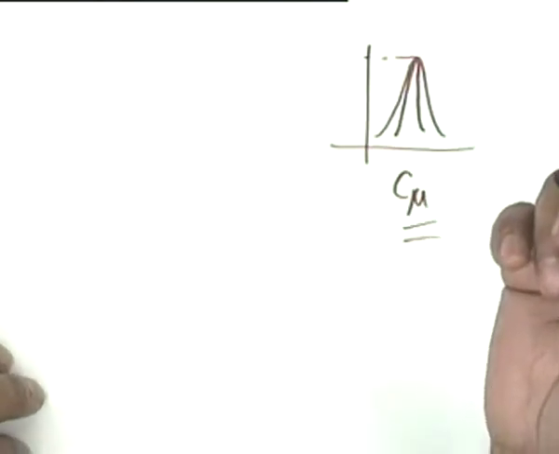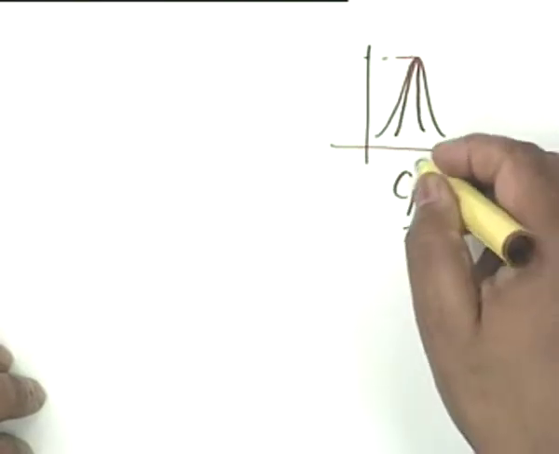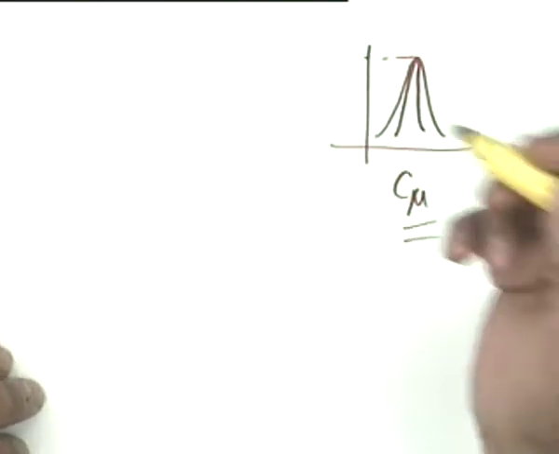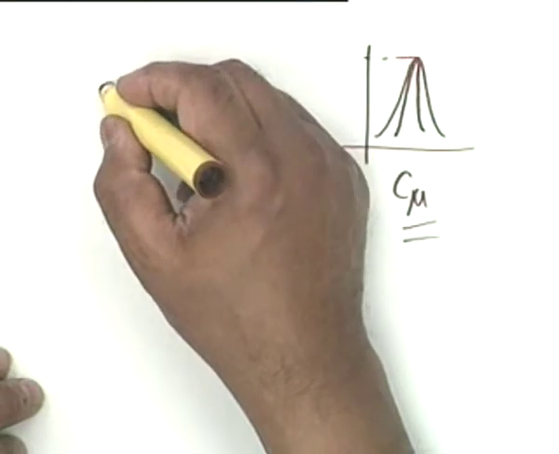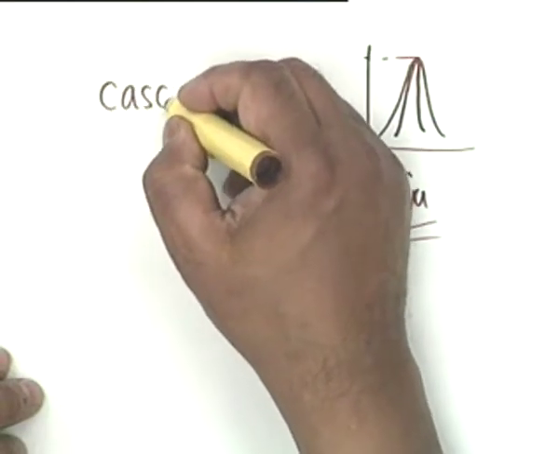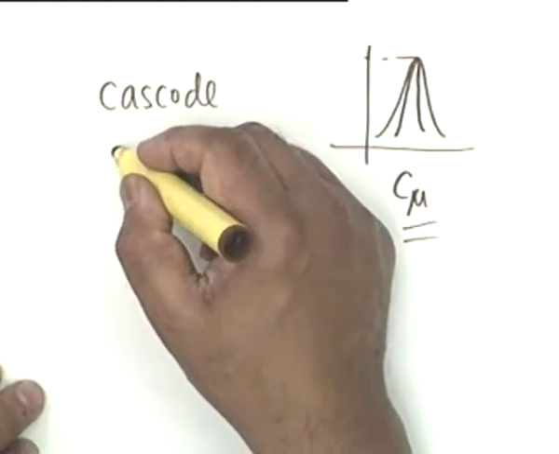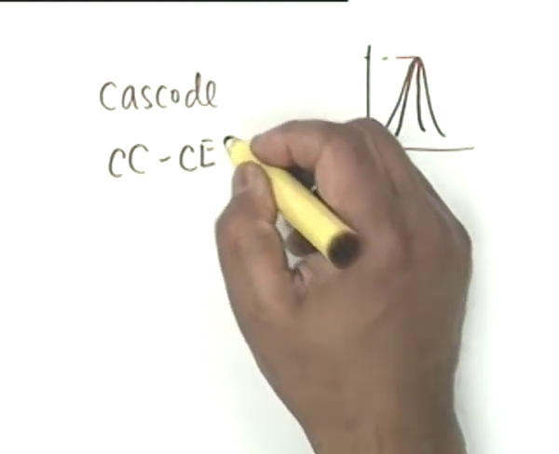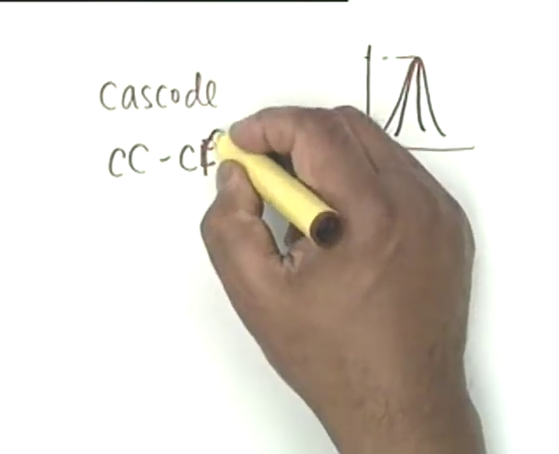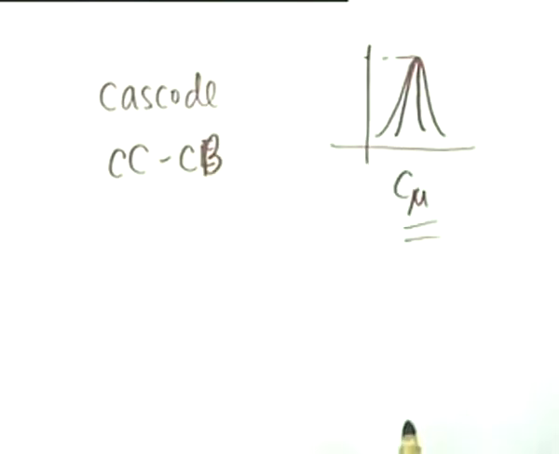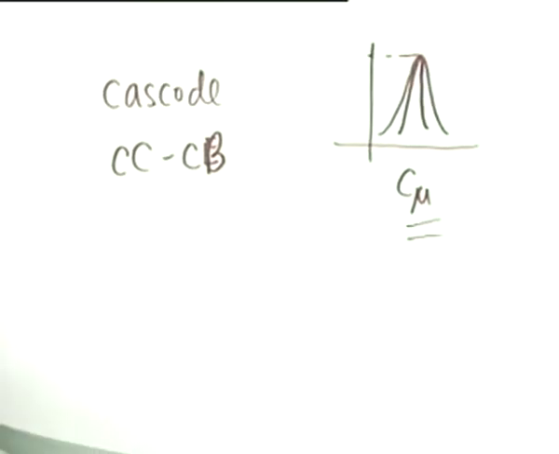So I say there are two modifications in which the effect of C mu is minimized, and the first one is a cascode, and the other one is a CC-CB combination. In the cascode stage, one transistor sits upon the other, and the circuit is this.